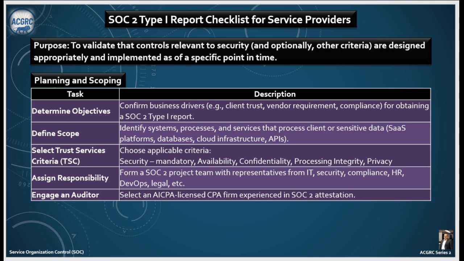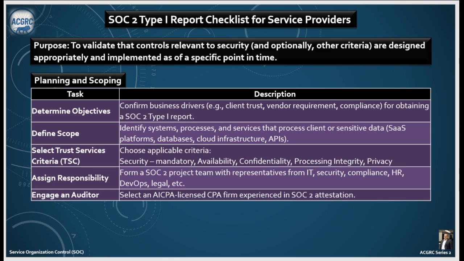Let's start off with planning. It starts off with confirming the business drivers, such as client trust, vendor requirement, and compliance, for obtaining the SOC 2 Type 1 report. Defining again the scope. First, are you providing the service? Second, what part of your infra, systems, and processes support those services? Then you look at your criteria, which is security, which is mandatory, then availability, confidentiality, processing integrity, privacy.